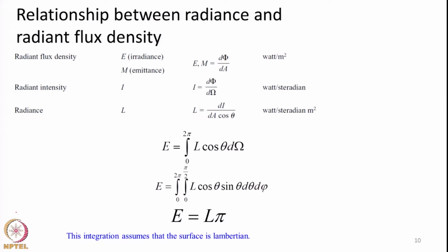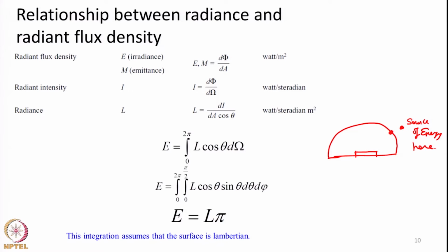Now, let us say again we have a small surface area. I have some small source of energy here. We will take it as an example. The source of energy, I place it on a hemisphere surrounding it. Now, this is the source of energy.